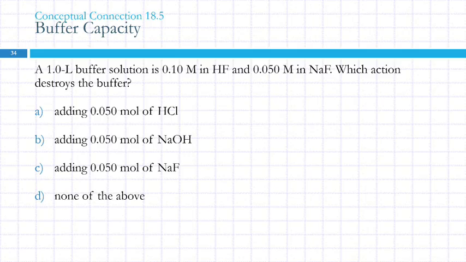A 1 liter buffer solution is 0.1 molar in HF and 0.05 molar in NaF. Which action destroys the buffer? Adding 0.05 moles of these different things: HCl, NaOH, or NaF, or none of the above. Always scary.